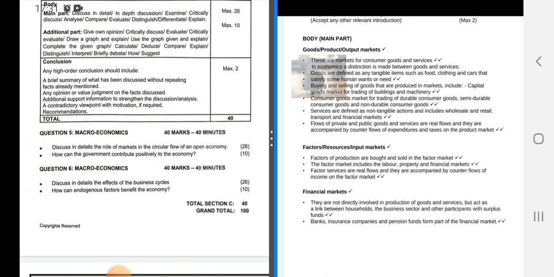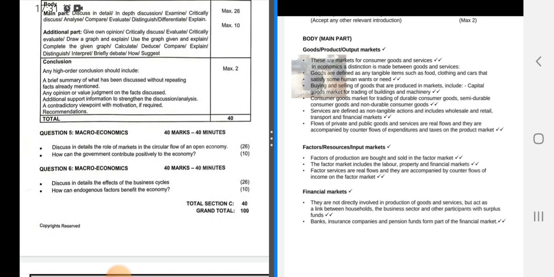Goods are defined as tangible items such as food, clothing, and cars that satisfy human needs and wants. Buying and selling of goods takes place in the product market, including capital goods such as buildings and machinery, and the consumer goods market for durable, semi-durable, and non-durable consumer goods. Services are defined as non-tangible actions and include wholesale, retail, transport, and financial markets. So that is how you answer.